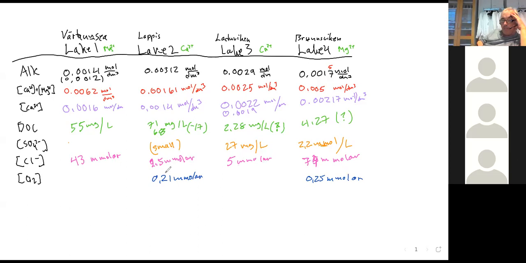We have 0.2 millimolar for Lake 3. Anyone with Lake 1? Three out of 4 is not bad.